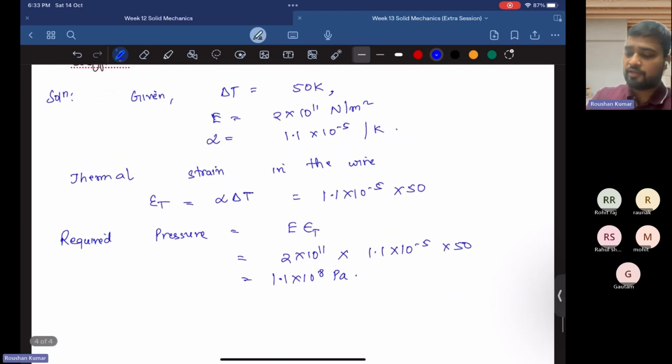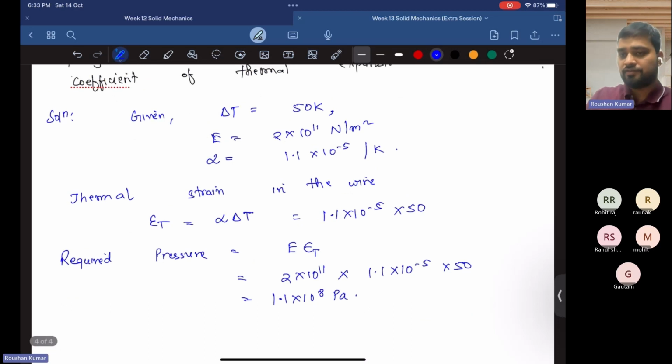So this is the required pressure, because due to temperature change, if you increase the temperature of the steel bar and you want the length to be fixed, that means it doesn't change due to temperature change. If we fix the length, that means we are fixing both ends. In that case, some pressure is induced due to the temperature change, and that pressure is given by the thermal strain in terms of Young's modulus.